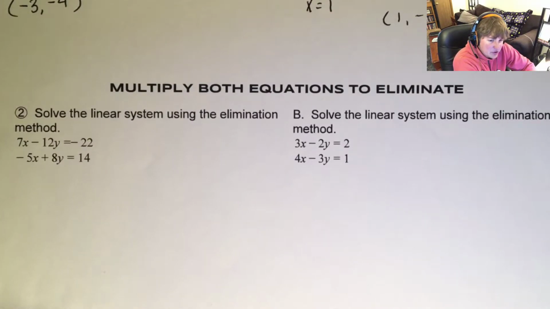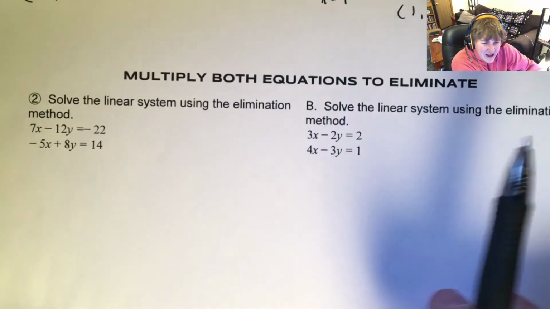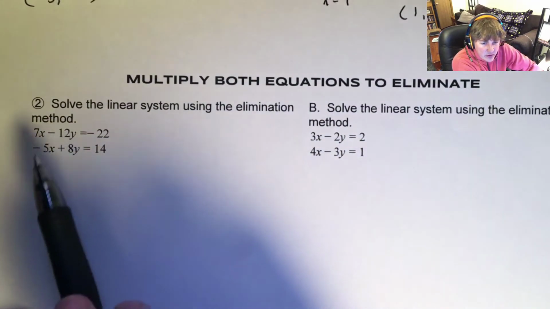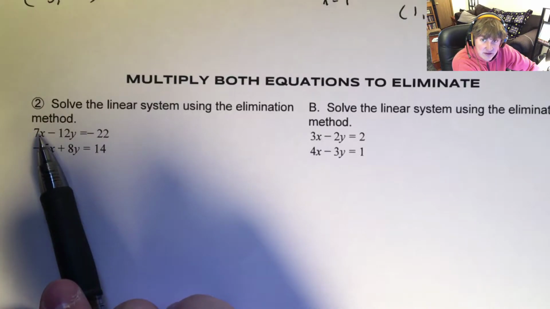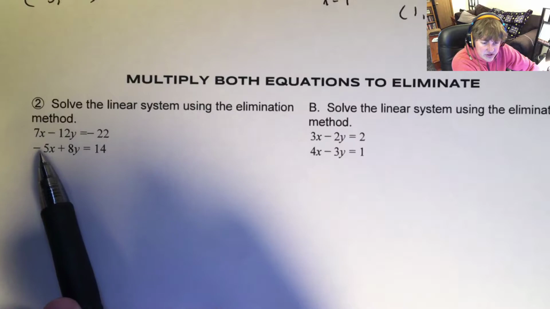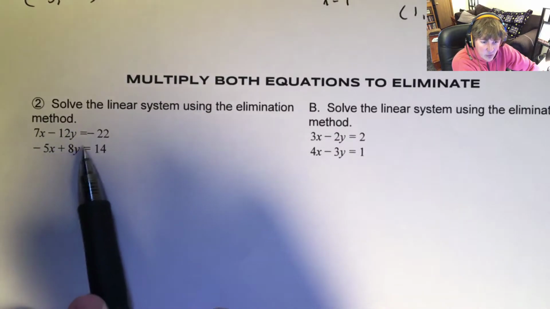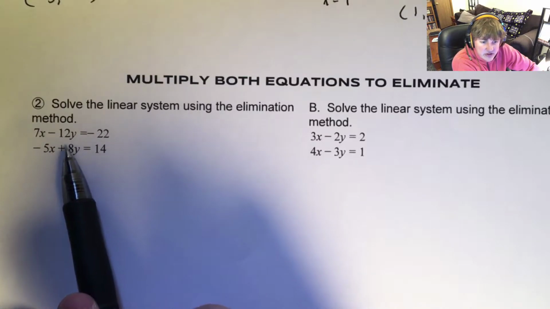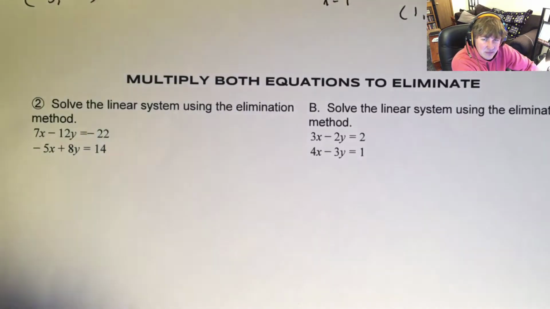So as I'm looking at this here, I'm just trying to figure out, okay, I'm looking at the smaller valued number, and I ask myself whether 5 is going to multiply up to +7 or -7 really easily. And the answer to that is no. So when I look at these two here, 8y has a smaller value. Okay, so I have to figure out whether this 8y is going to multiply up to 12 easily with a nice neat number. And the answer to that is just no.